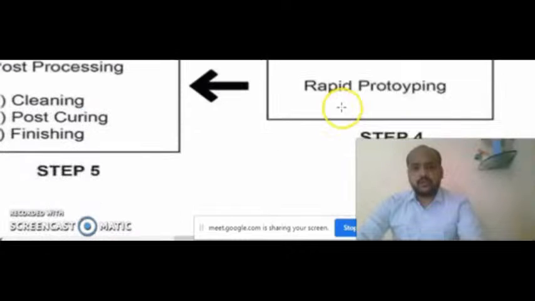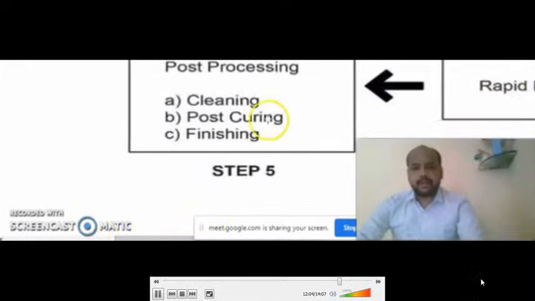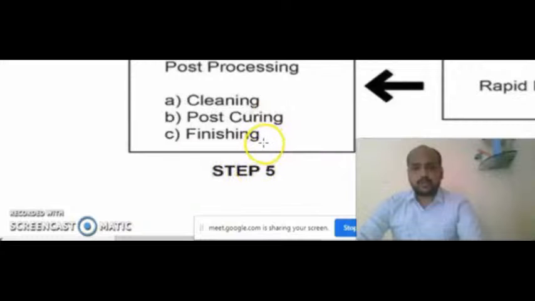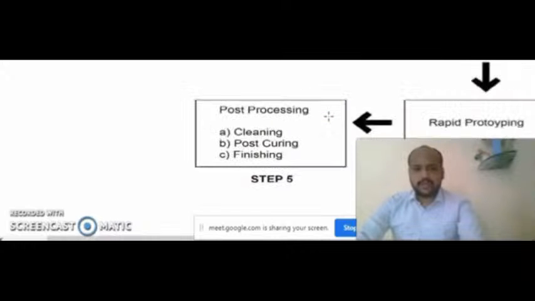Then you go for the 3D printing of that component using a 3D printer, which is called rapid prototyping. Finally you do the post processing of the printed model: you clean it, cure it, and finish it. So this is a common procedure in 3D printing technology.